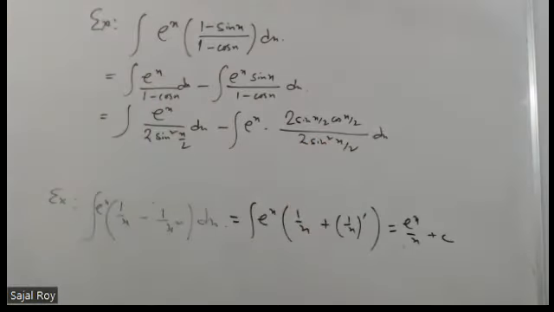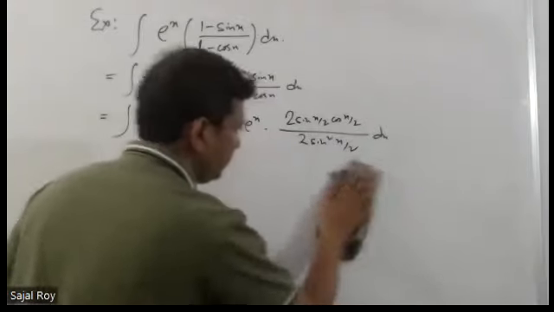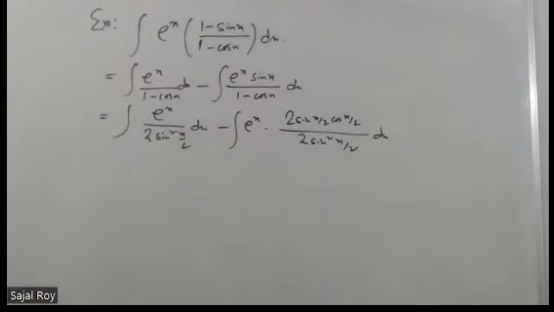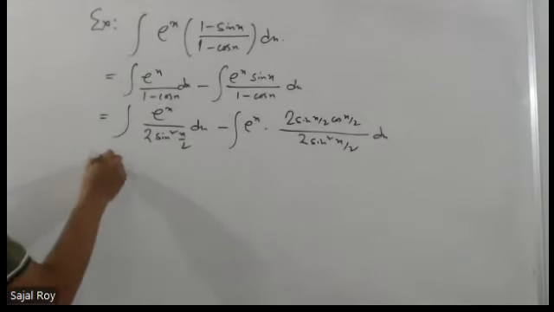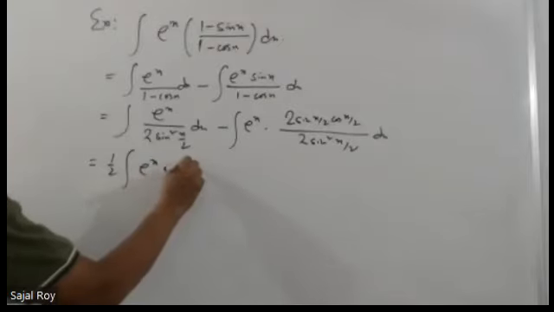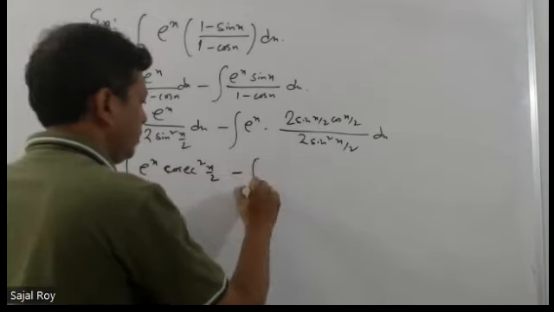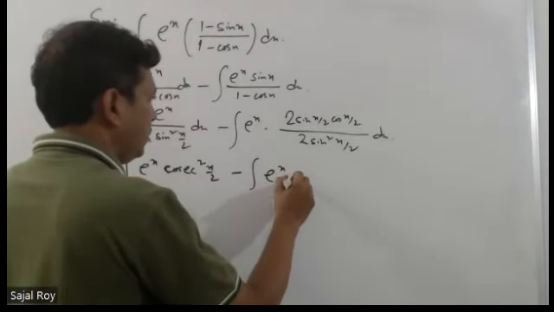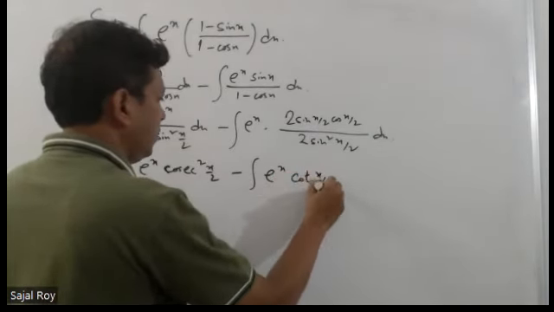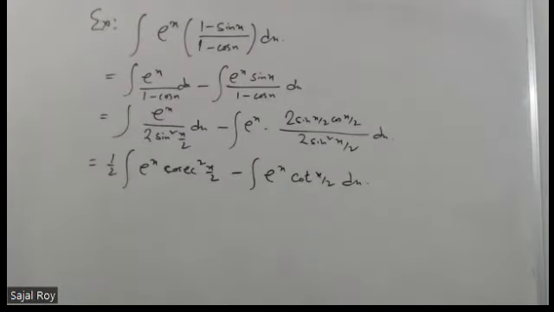Sin x I am writing as 2 sin x by 2 cos x by 2, and 1 minus cos x as 2 sin square x by 2. Okay.